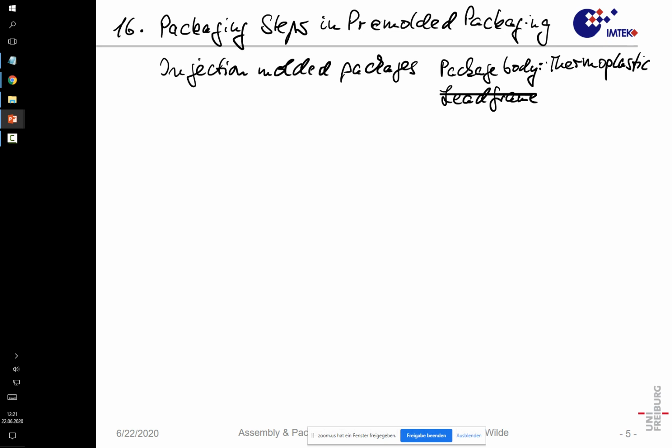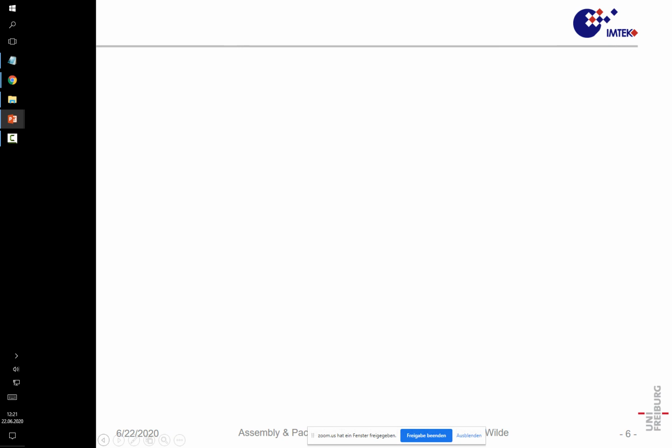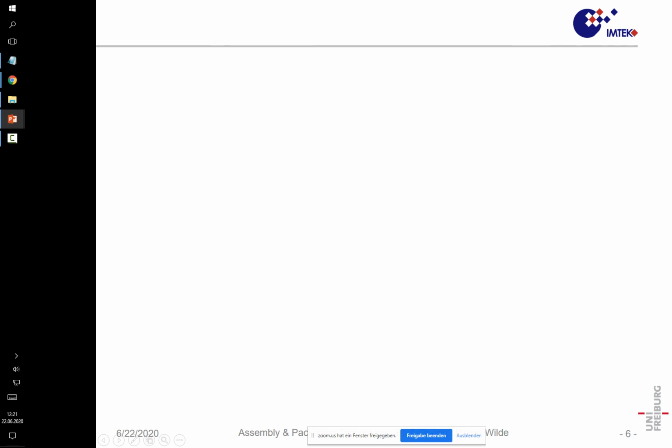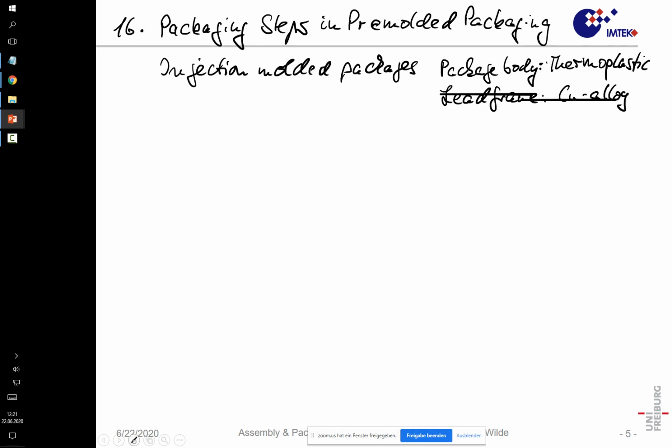So we have the lead frame, and of course it's typically a copper alloy. Yeah, so we have the package, and the third thing we might have is a heat sink. We haven't shown that explicitly in our lecture, but that could also be a part.